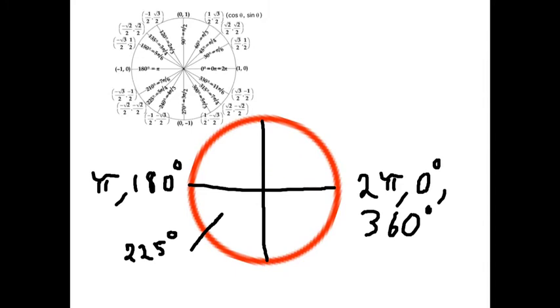Now, once you subtract 180 degrees from 225 degrees, you're going to get the value of 45 degrees. And 45 degrees on the unit circle would fall right here in quadrant 1, just as we like it.